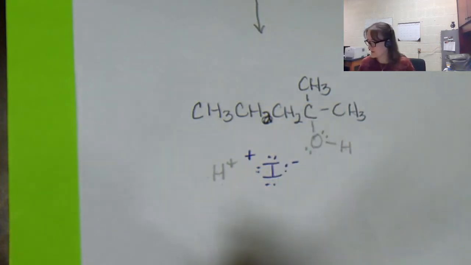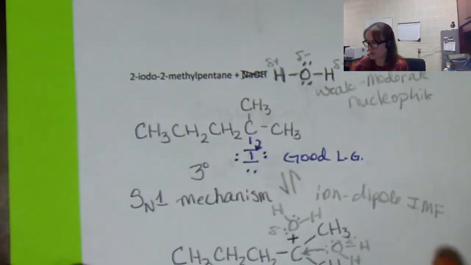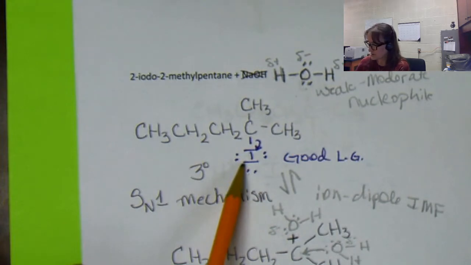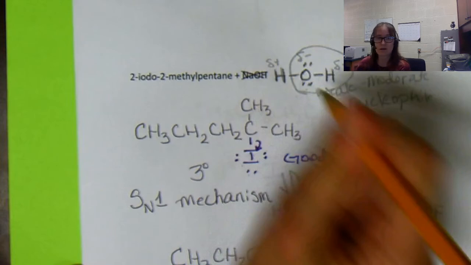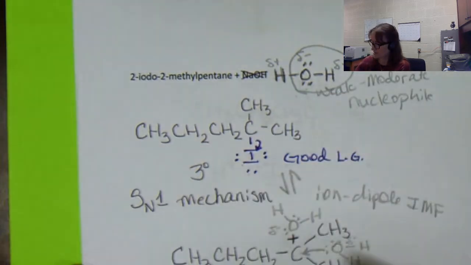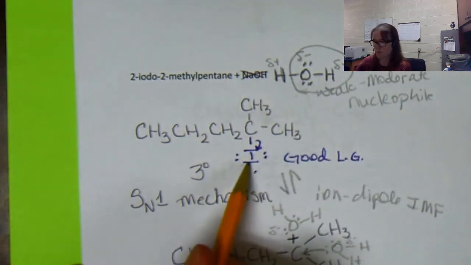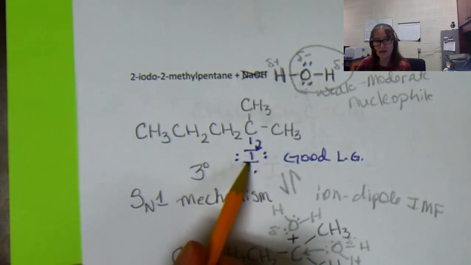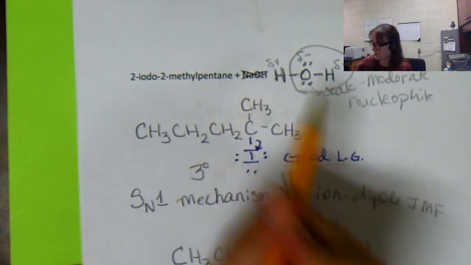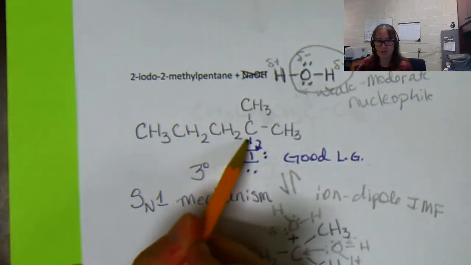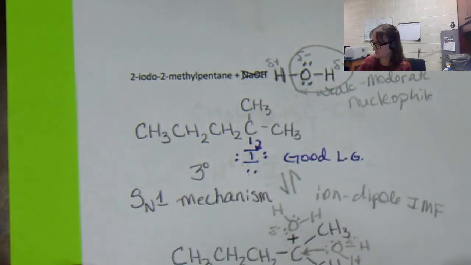If you go all the way back to the original, that's the leaving group. The nucleophile will be the OH portion of water, and so the OH will replace the iodine, and you'll end up with iodide off the molecule, hydrogen off the water molecule, and the OH bonded in place of the iodine.